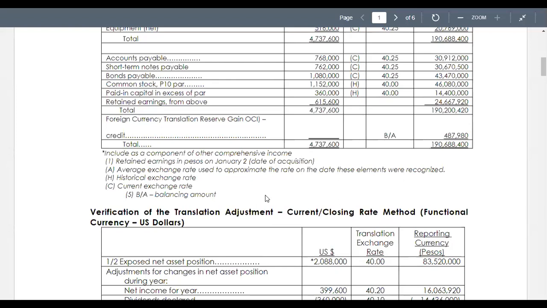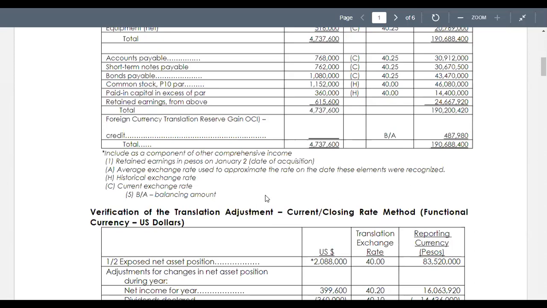So patents we now translate using 0.25, and this is H, meaning historical, since the patents were acquired in 20x3 when the rate was 0.25. So patents, 0.25H.